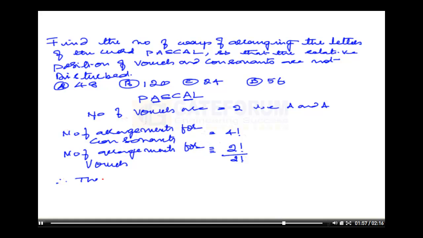Therefore the number of arrangements is equivalent to 4 factorial into 2 factorial by 2 factorial, that is we get 24. Hence your answer is C.